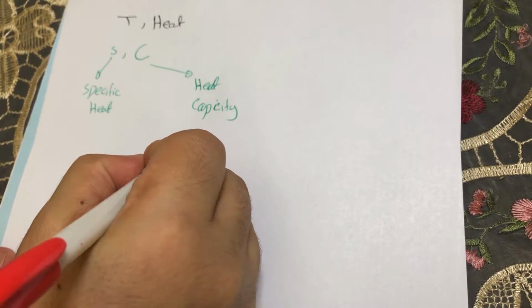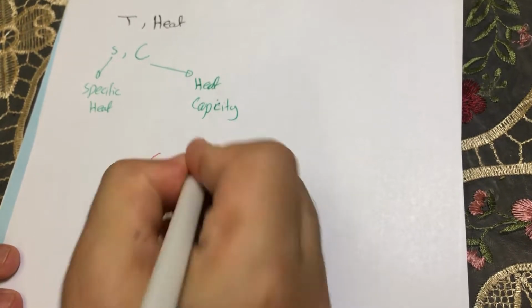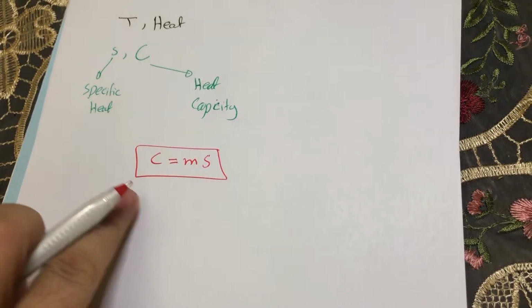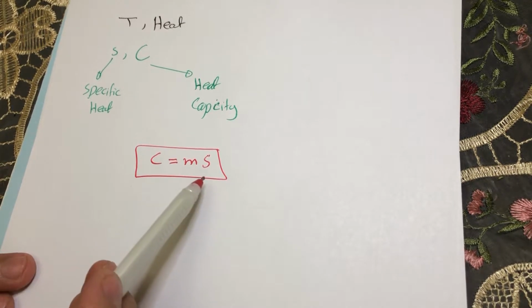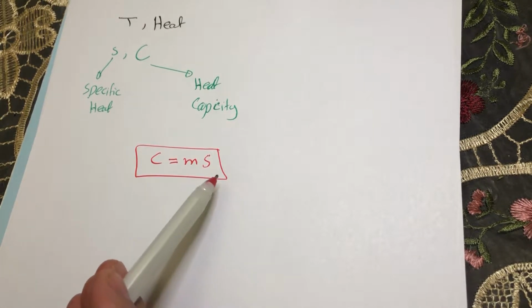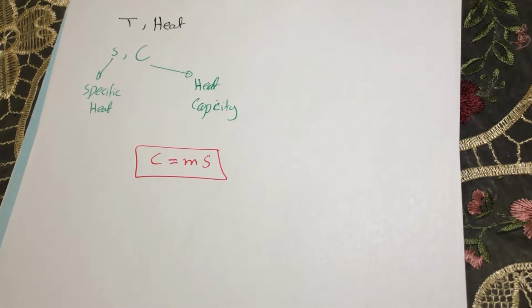We have this equation: C equals m s. C is the heat capacity, m is the mass in grams, and s is the specific heat.